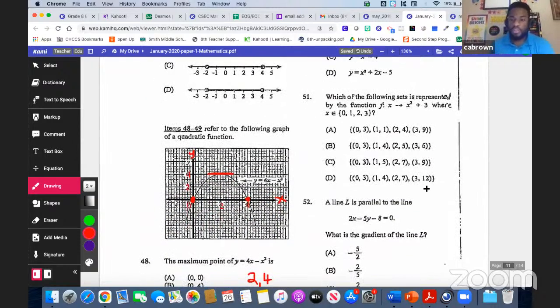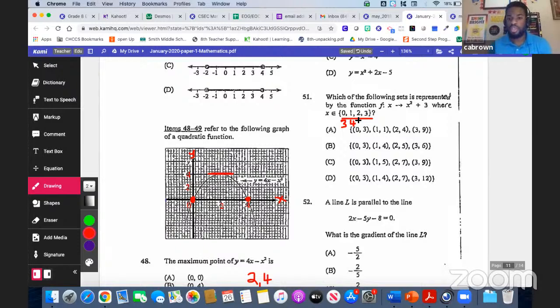51. Which of the following sets is represented by the function x squared plus 3, meaning that these values will be squared and then you add 3. Let's see. 0 squared is 0. 0 plus 3 is 3. 1 squared is 1. 1 plus 3, that's 4. 2 squared is 4.